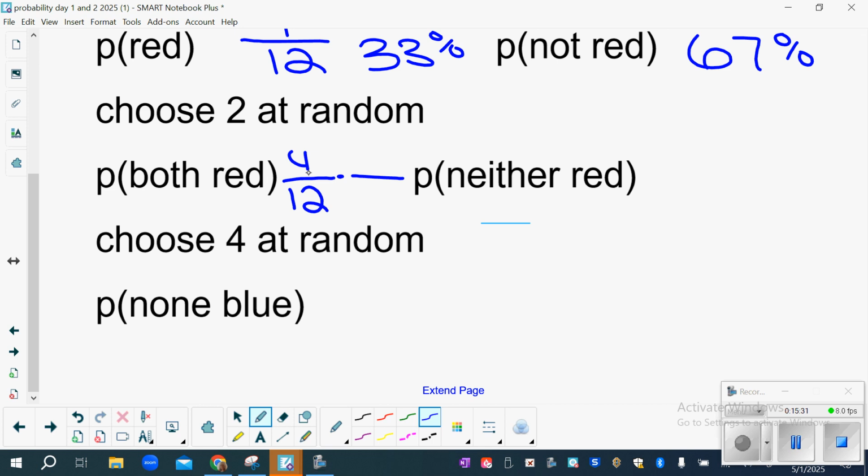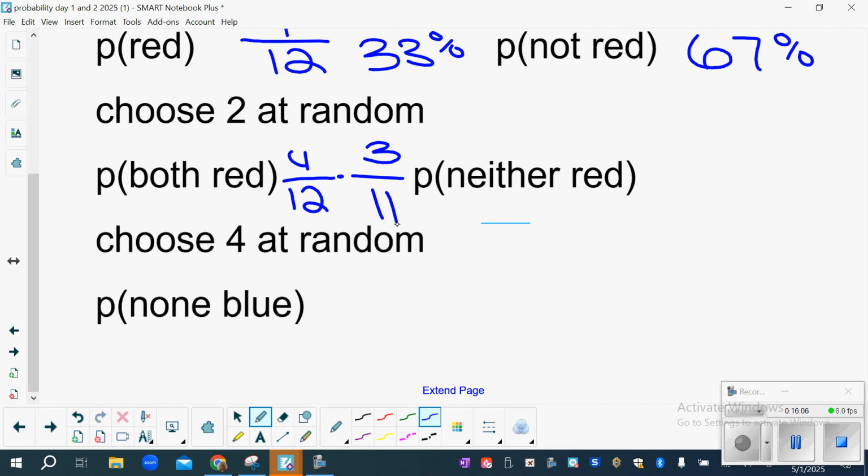Now everyone's watching this because this is where it gets weird. I'm not throwing that marble back in. So now, how many are left in the bag? 11 and 3. Right. 3 red are left and 11 are left. The thing I picked before impacted the new one. Does that make sense? Is everybody cool on how dependent ones work? Once you pick that marble out, you don't put it back in the bag. So everything goes down, right?